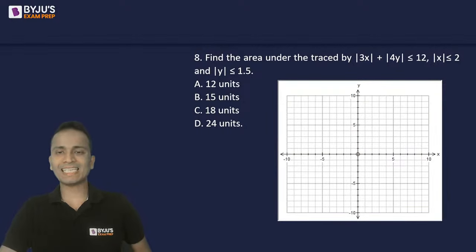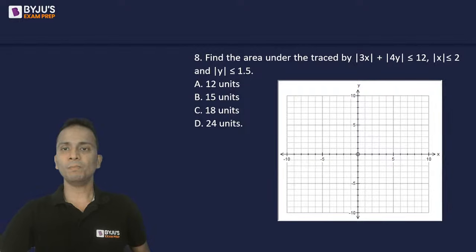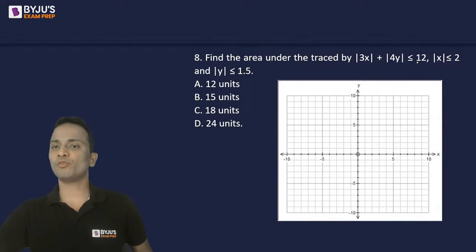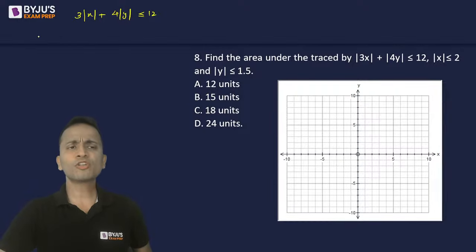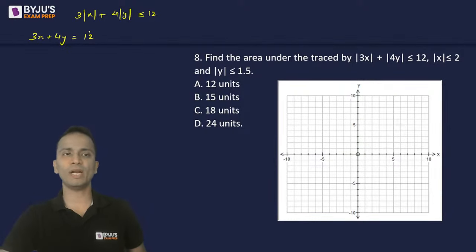Okay, now let's start drawing this one. Now, first of all, we'll start with modulus of 3x plus modulus of 4y is less than equal to 12, which can be written as 3 times modulus x plus 4 times modulus y is less than equal to 12. If I draw the graph for 3x plus 4y equal to 12, you will be able to understand this.